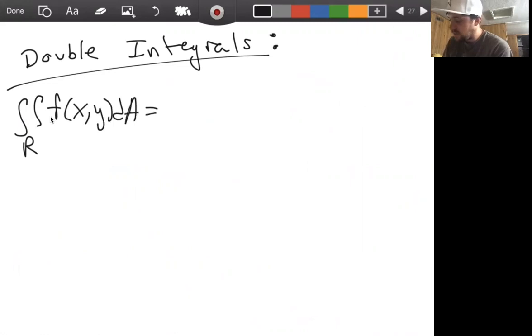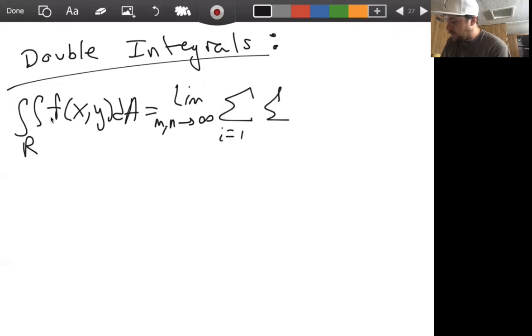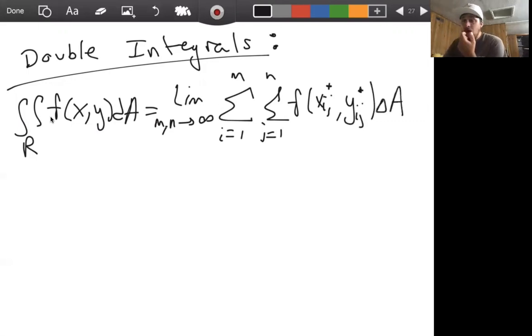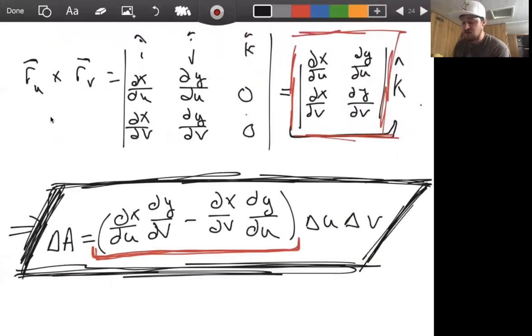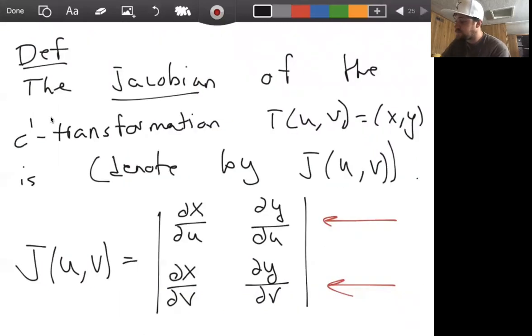This was, as a limit, the limit as m and n approach infinity of the double sum i equals 1 to m, j equals 1 to n of f of xij star, yij star, remember, these were test points, times delta A. But now we know what delta A is. We went through this entire construction to figure out that it's the Jacobian times delta u delta v.